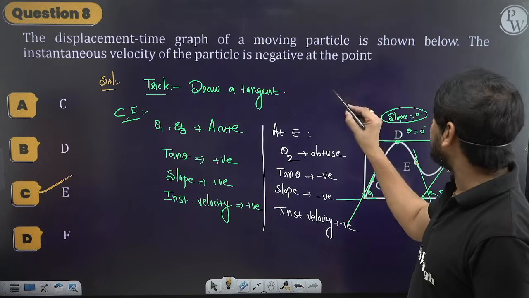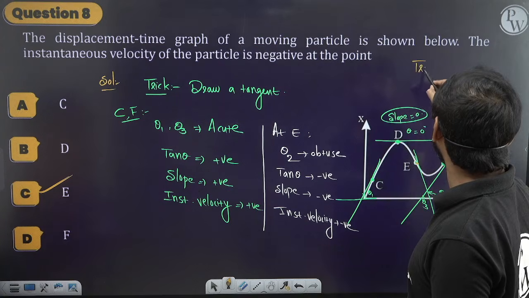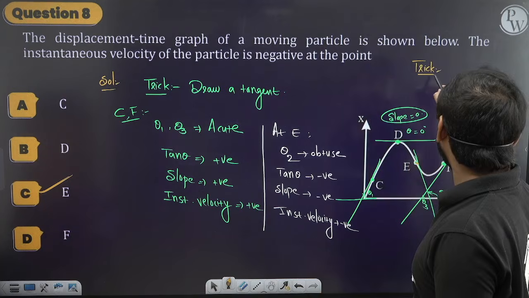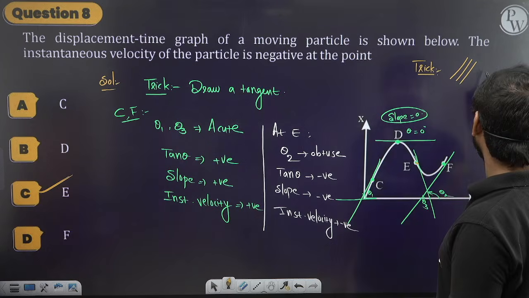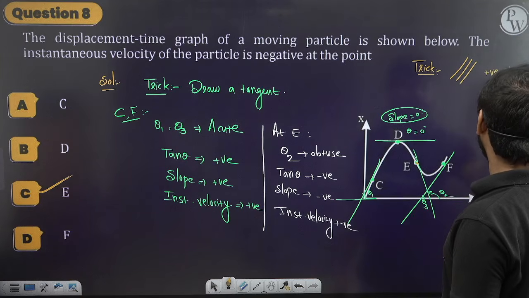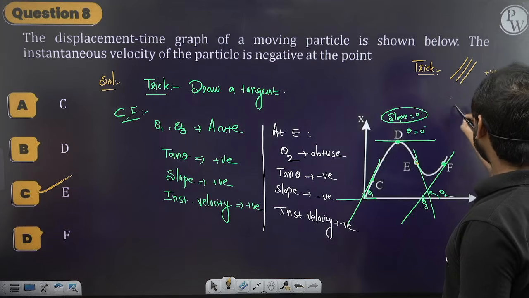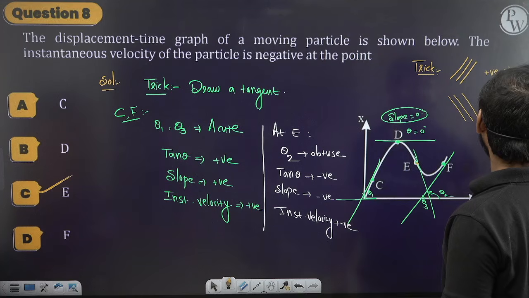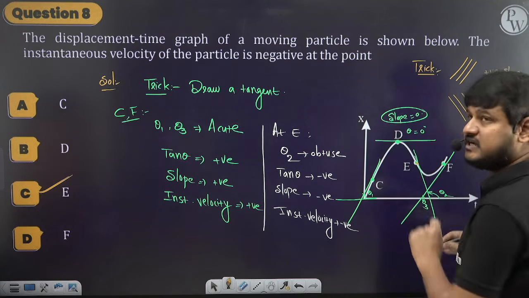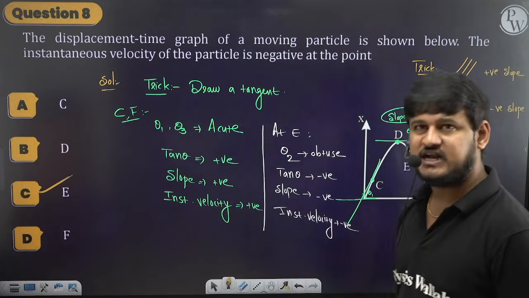The simple logic or shortcut you can remember: whenever the tangents are like this, they indicate positive slope. If the tangents are like this, they indicate negative slope. If the slope is negative on a displacement-time graph, the velocity is going to be negative.